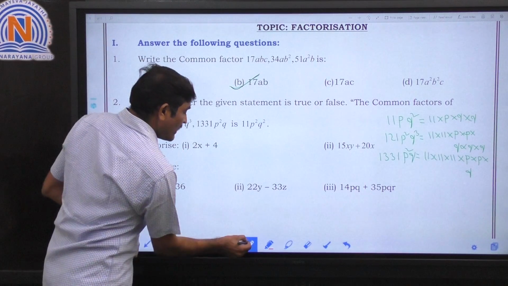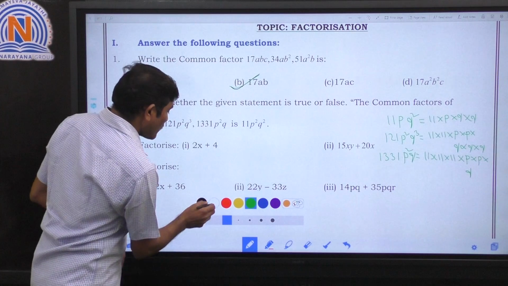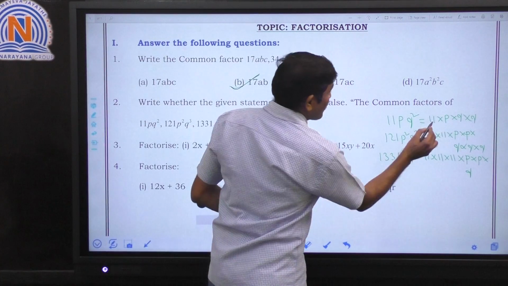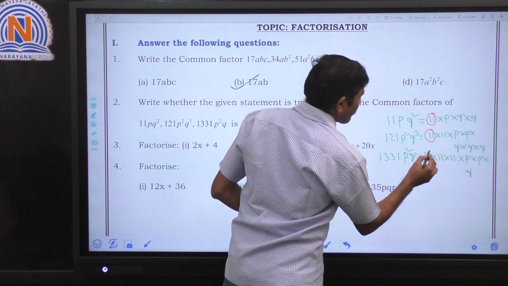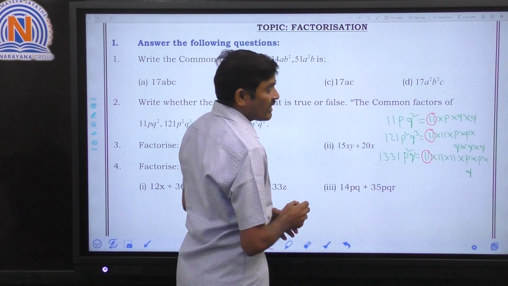Now let us find the common factors. See that 11 is the common factor, there is no one more 11 in common.